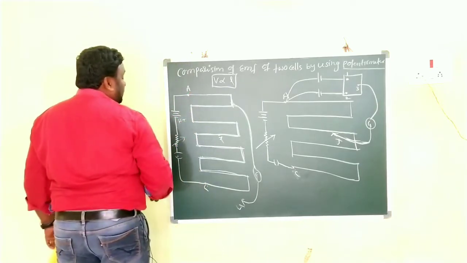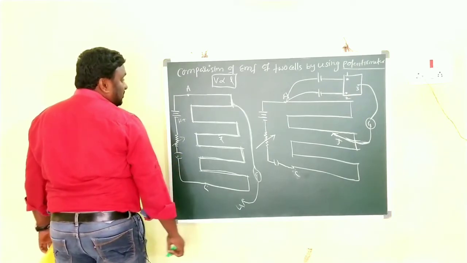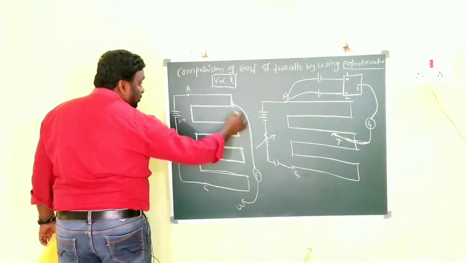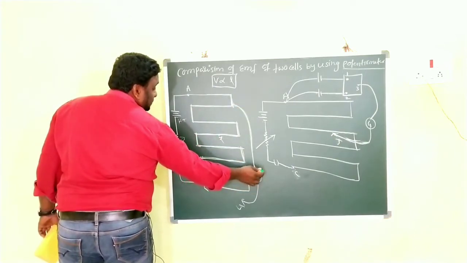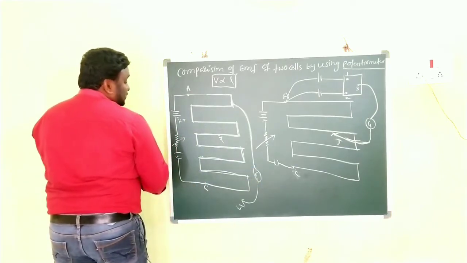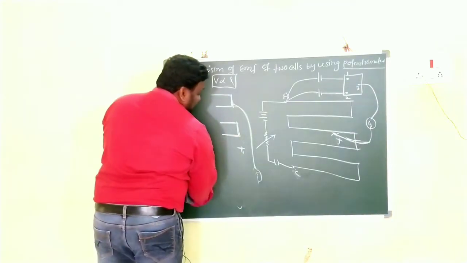In between them we have a high voltage battery, rheostat and plug key, and after that we have an external circuit. From any one point of the wire we are giving a connection like this. This is the galvanometer, and this is the jockey. And we are finding the balancing point like that here, children.